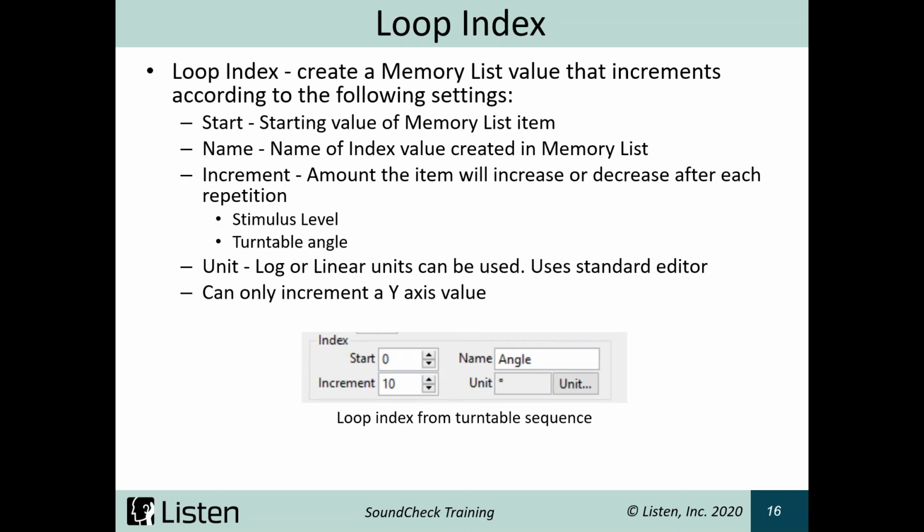But what this will actually do is it's going to be available for us to view on displays to quickly see which angle we're on. It's going to be available for us to use in the memory list if we wanted to, say, add together a stimulus level. And it's going to change the names of our data as well. So if I looped and I wanted to have 18 different curves that were all based on my degrees, I'll need to set my analysis step to keep repeated data, which we're going to look at in a second.